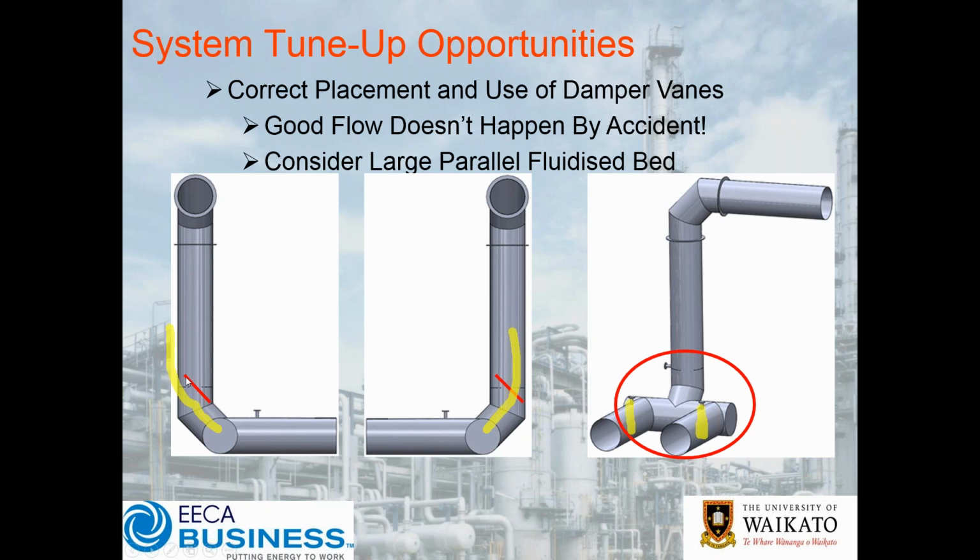Well, the damper valve on this side was actually aiding the flow around this bend, whereas on this damper valve the flow was fighting against the bend. And so lo and behold, despite their best efforts, the left-hand side of the system got substantially more airflow than the right.